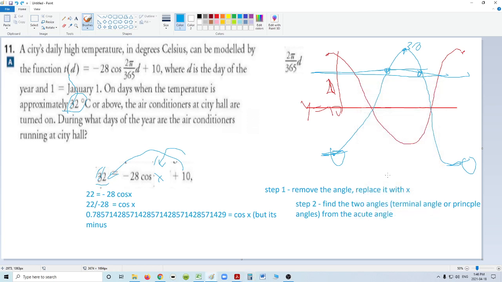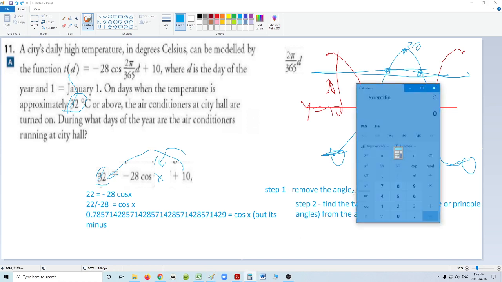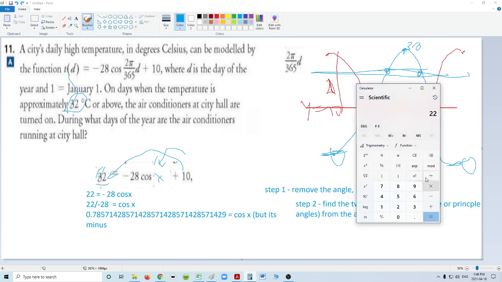I think I did not do that correctly, because I know 22 divided by 28 gives me a pretty large cos. So I'm going to go to trigonometry here, second, inverse cos that.